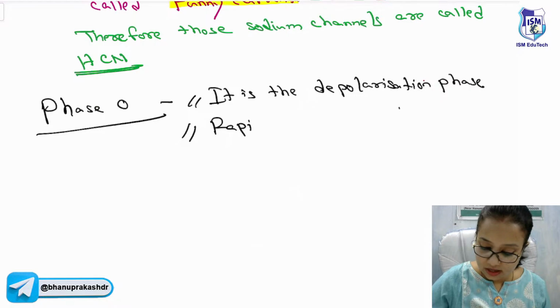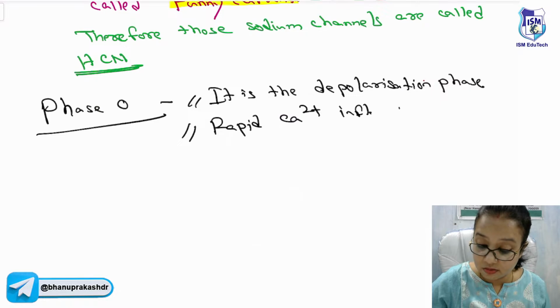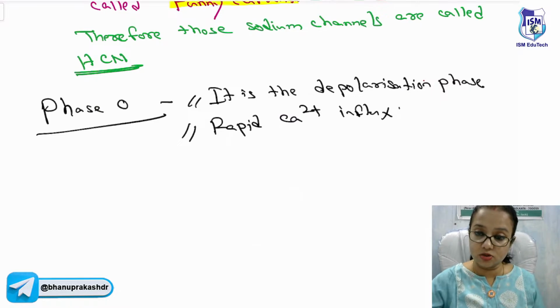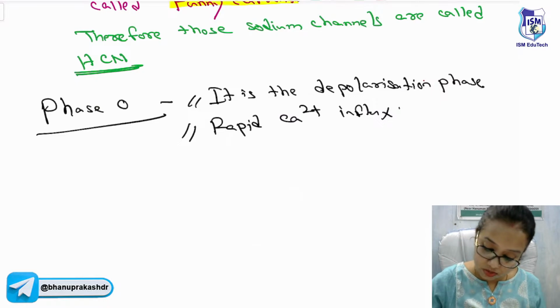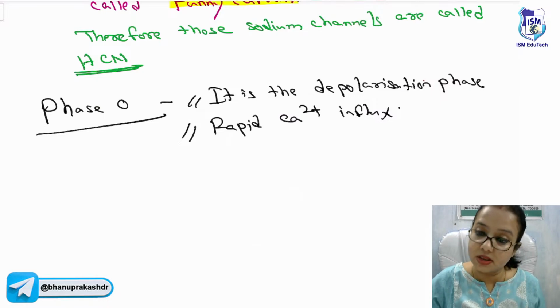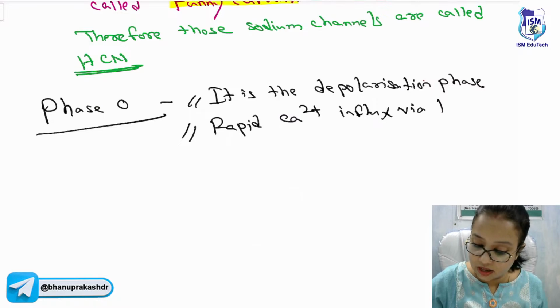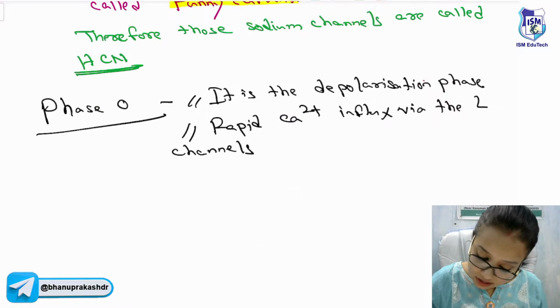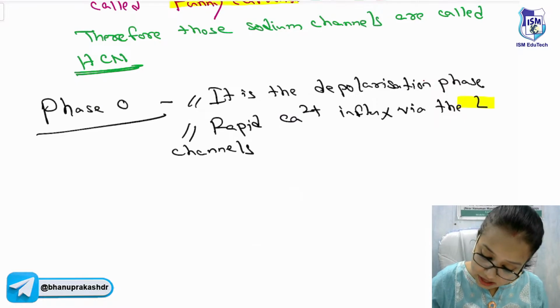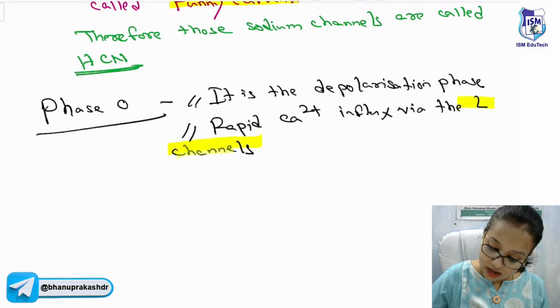There is rapid calcium influx. We'll connect to the previous phase now in relation to the calcium also. Rapid calcium influx happens via the L channels. Here in phase 0, there is rapid calcium influx via the L channel.